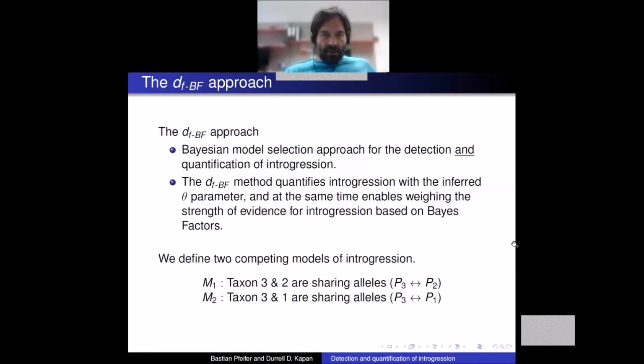So the main idea is that we define two models, M1 and M2, where M1 captures the scenario where population 3 and 2 are sharing alleles, and M2 where population 3 and 1 are sharing alleles.